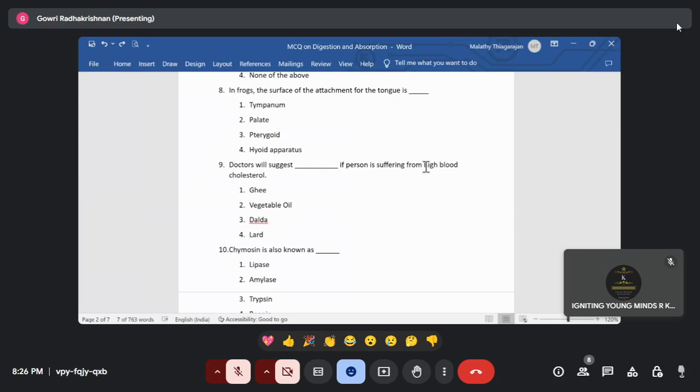No one? You don't know what it is? The surface of the attachment of the tongue, where it is attached.